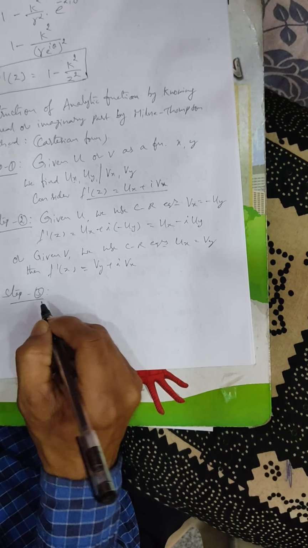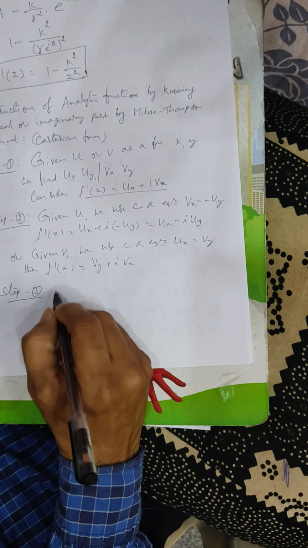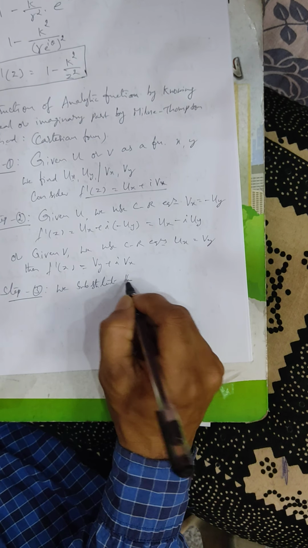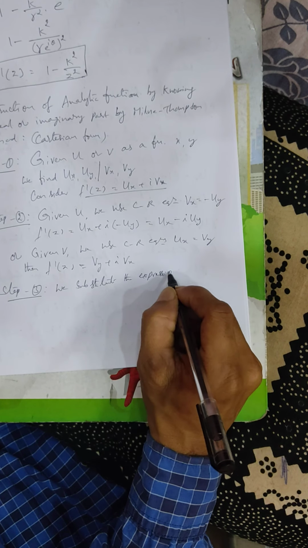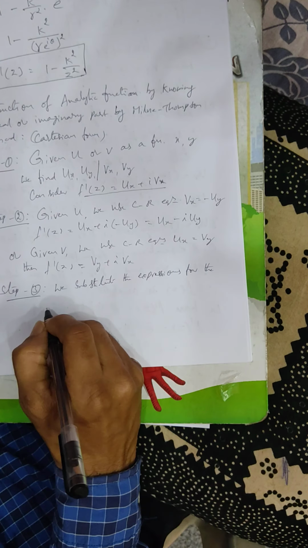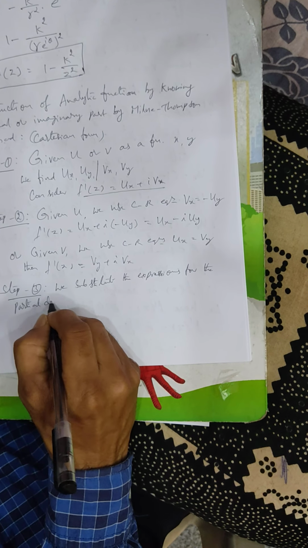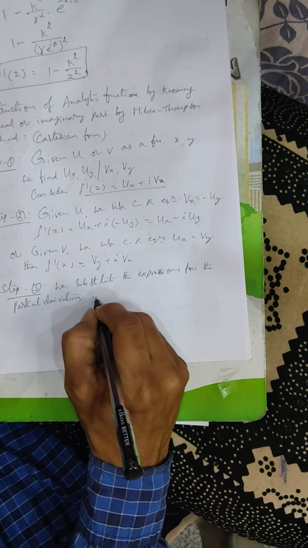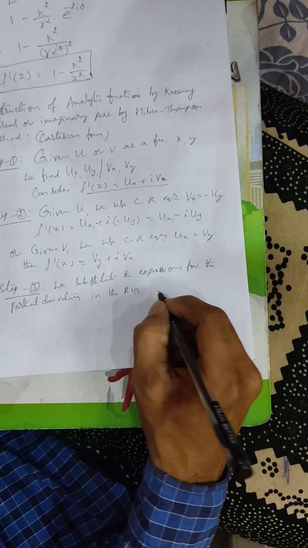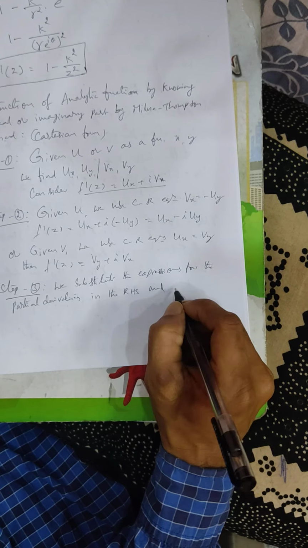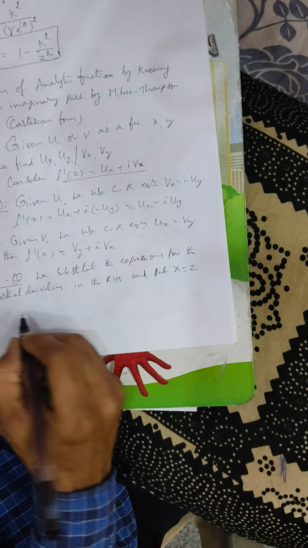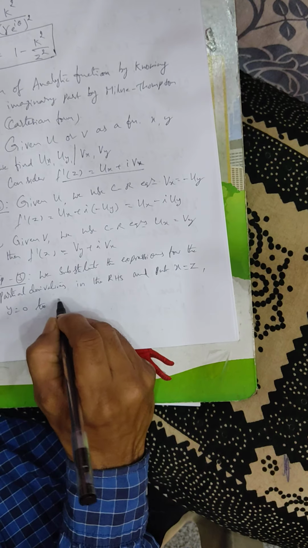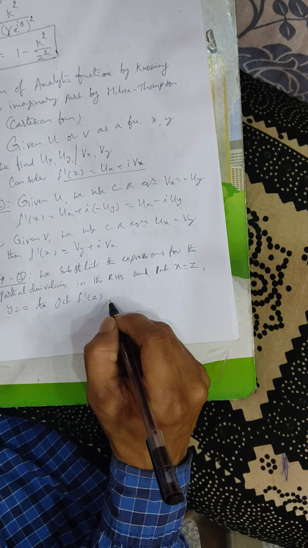Next, step 3, we substitute the expressions for the partial derivatives in the RHS, and then we substitute x is equal to z, y is equal to 0 to get f dash of z as a function of z.